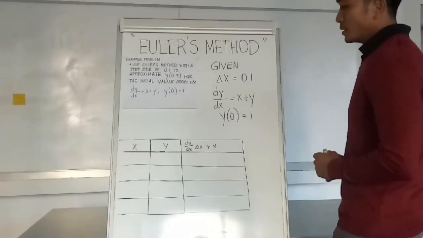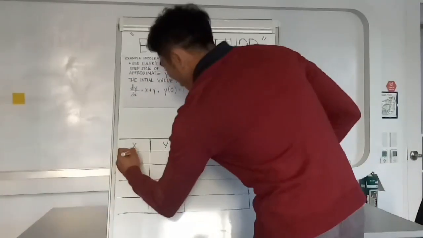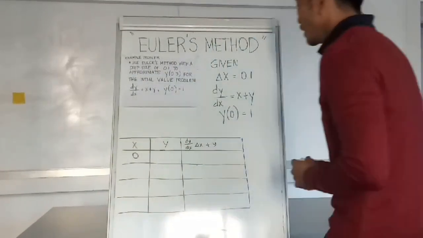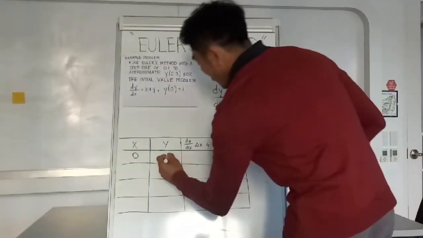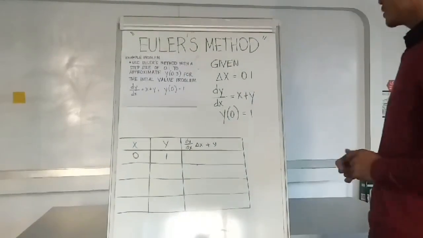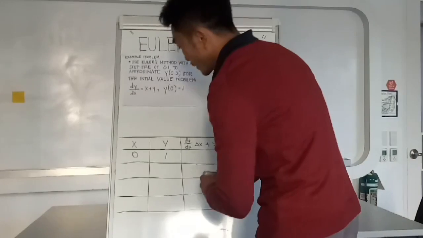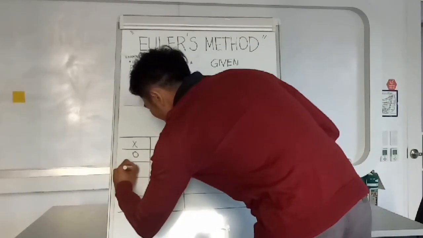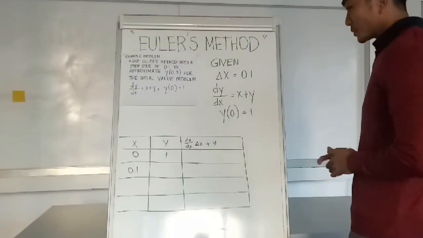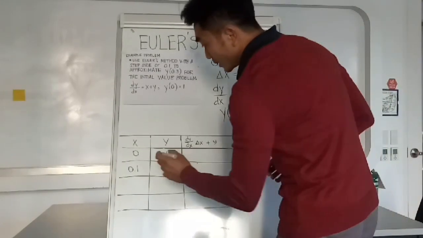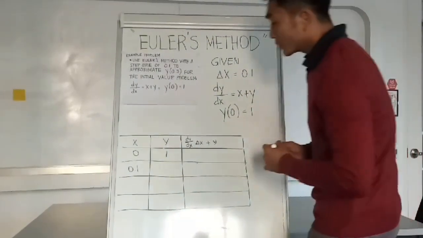The problem says our x is equal to 0 and our y is equal to 1. As you can see, our delta x, or step size, is 0.1, and we will move a small increment.